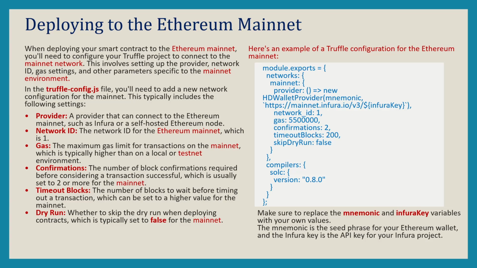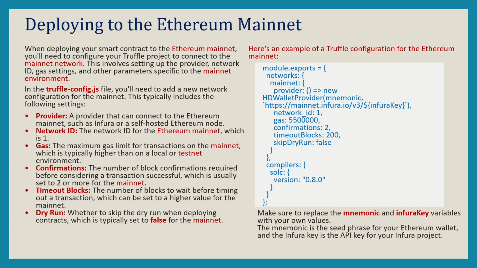The mnemonic, this variable should contain the mnemonic phrase for the wallet you are using. Infura key, as I told, API key for Infura, a service that provides access to Ethereum nodes. And please remember to replace $Infura key with your actual Infura project ID.